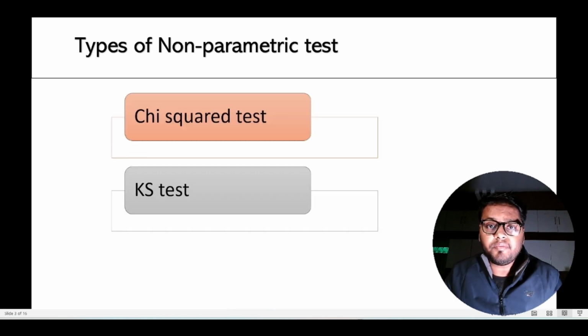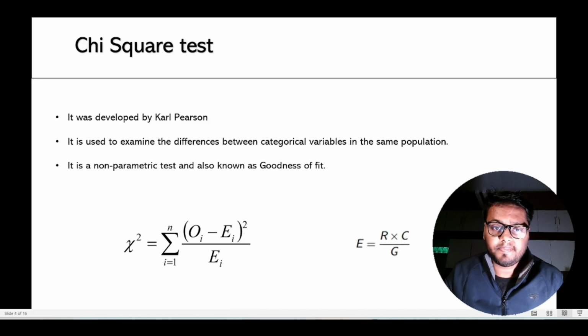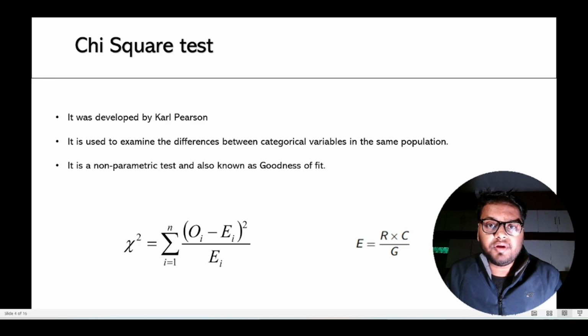There are two types of non-parametric test. First one we have is the chi-square test and the second one we have is the KS test. Let us understand each one by one in great detail. Chi-square test is used to find out the association between two or more categorical variables in the same population. It was developed by a person named Karl Pearson.